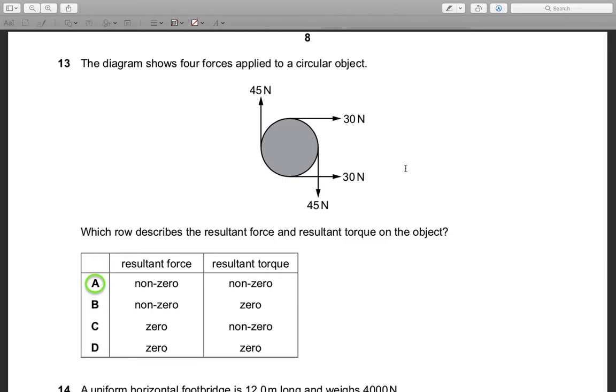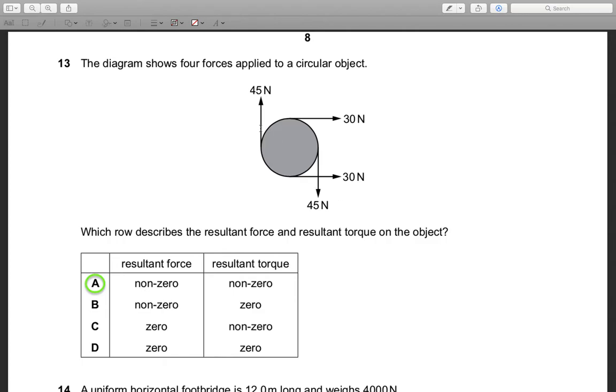What about the torque? If we see the two 30 newton forces, they are in opposite directions. This one is clockwise, and this one is anti-clockwise. So the torque between the 30 newton here and the 30 newton here becomes 0. What about the 45 newton here?